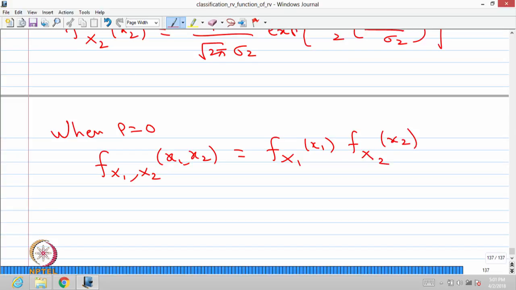This is a very important result, in the sense that when rho is equal to 0, that is, the correlation coefficient is 0, we are getting independence. If they are independent, then the joint probability density function is the product of the probability density functions.